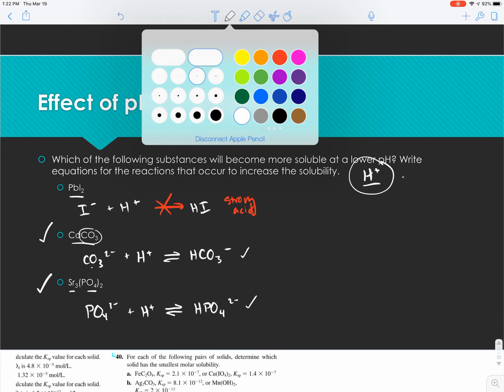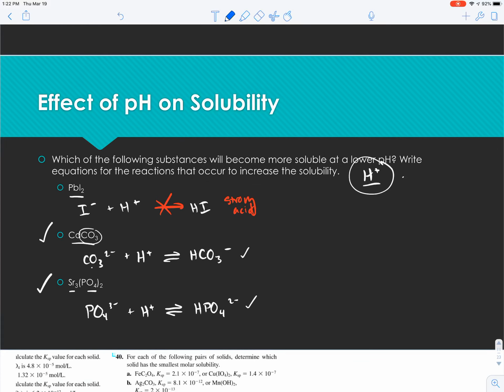So the principle then, the summary, is salts that contain anions that are the strong conjugate bases of weak acids will become more soluble in acidic solutions.